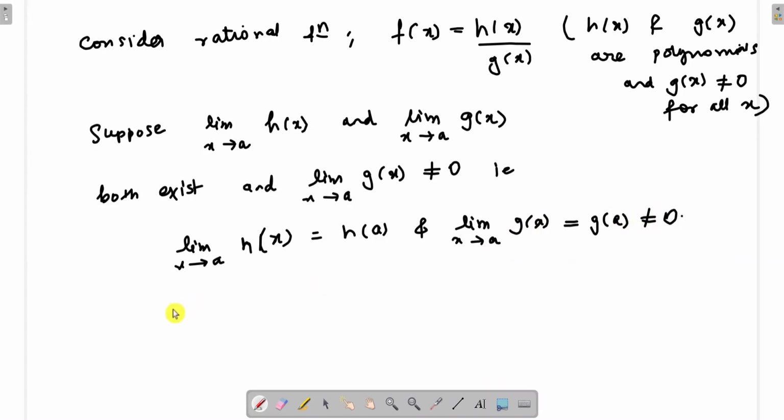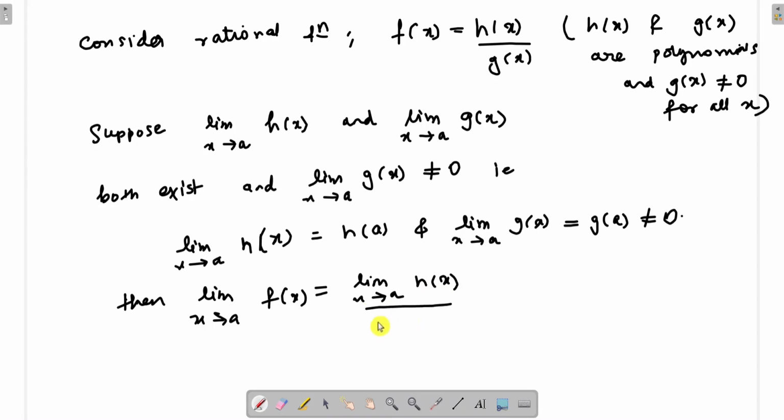Okay, so here we can say then the limit as x tends to a of fx will be nothing but the limit as x tends to a of hx divided by the limit as x tends to a of gx, which is nothing but ha, right?